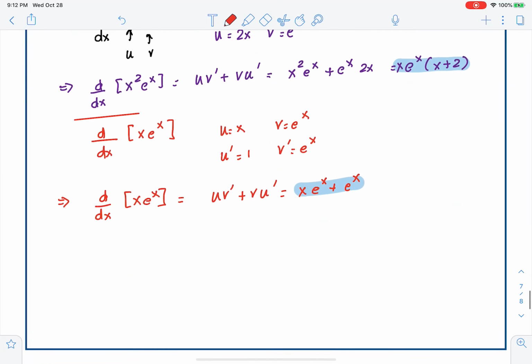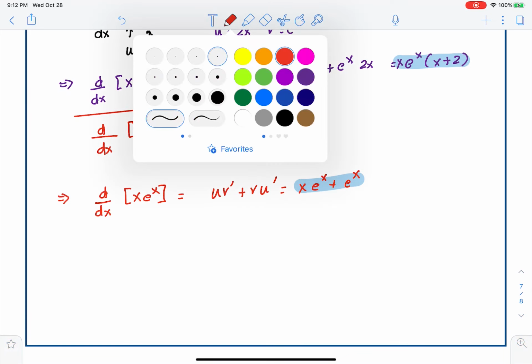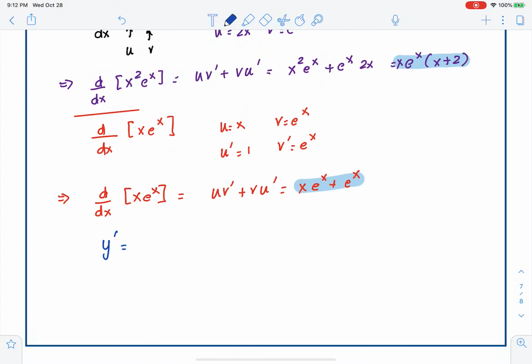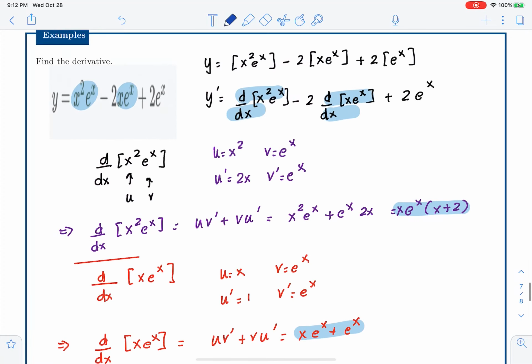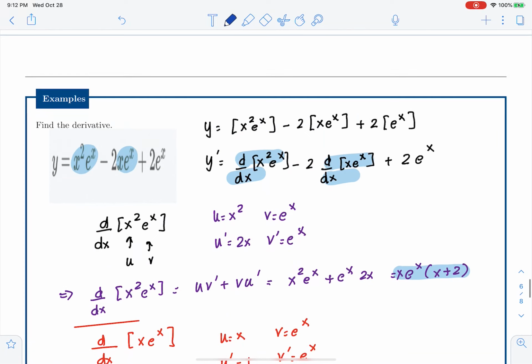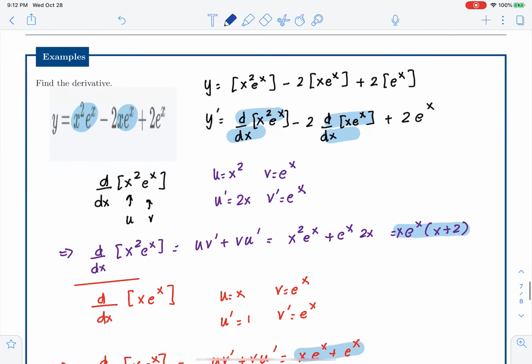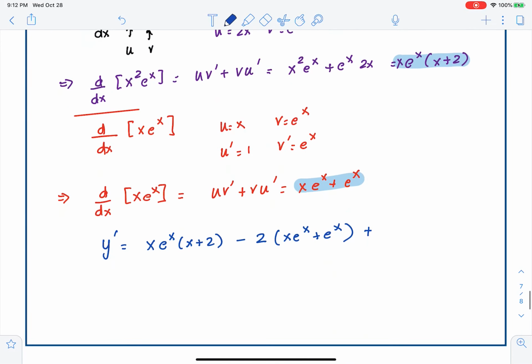So y prime would equal the first derivative that we found, minus 2 times x e raised x plus e raised x, plus the third term, which is just 2 e raised x.